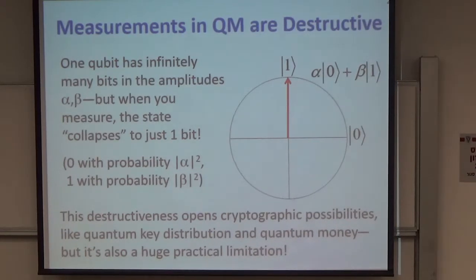There's also something I've been personally very interested in, which is the possibility of quantum money, which would be quantum states that could be verified by anyone as legitimate money, but which would be either impossible or infeasible to make copies of. Again, if you try to learn what this money state is to make more copies of it, not only will you not learn, but you'll even destroy the money that you had.